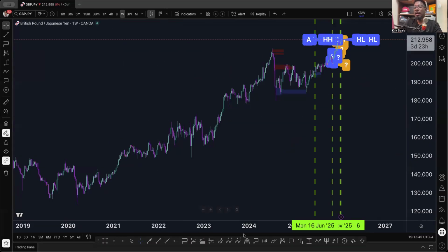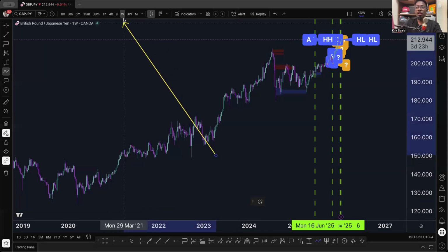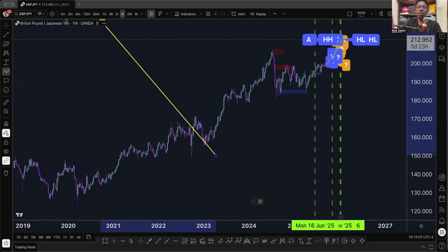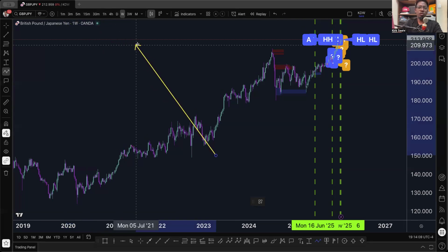Right now I am looking at the changes in price on a weekly time frame, and that's what this W is for. These 1, 3, 5, 15, 30, 1, and 4 represent time frames as well. The minutes have the M, the H represents the hour, D is daily, W is weekly.